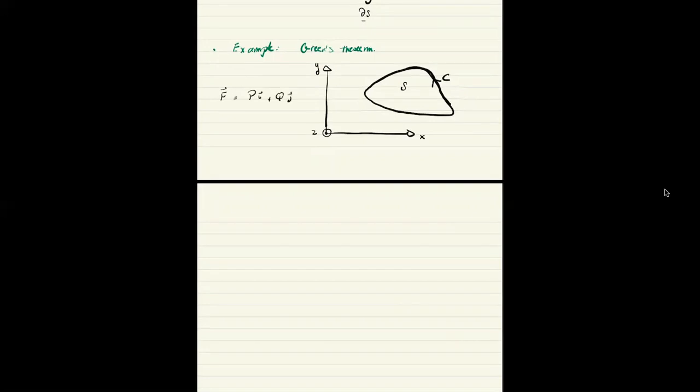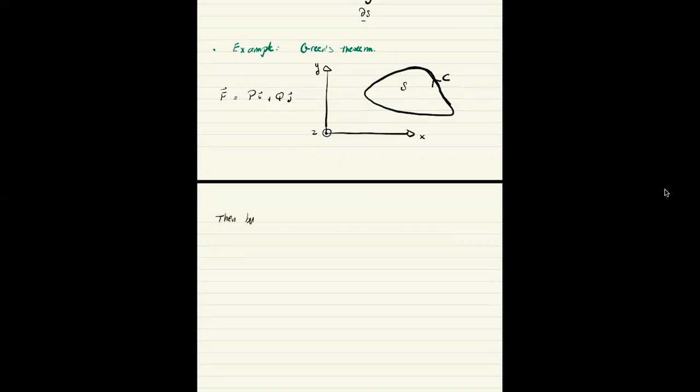Now, be aware that when we introduced Green's theorem, we were only aware of 2D vector fields. Now this is a 3D vector field. It has no z component, right? So we are in 3D here. We're not in 2D, we are in 3D, okay? So we can apply Stokes' theorem.